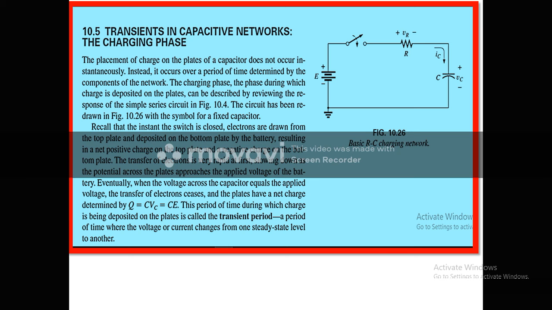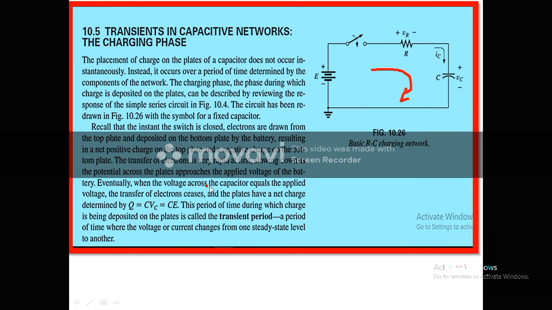Okay, so the time or the period in which charge is being deposited on the plate is called the transient period. Okay, so we have Q is equal to CV. These are the charges flowing through this circuit and deposited over here.